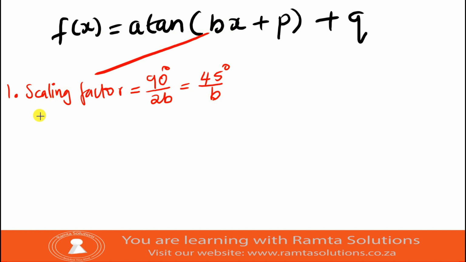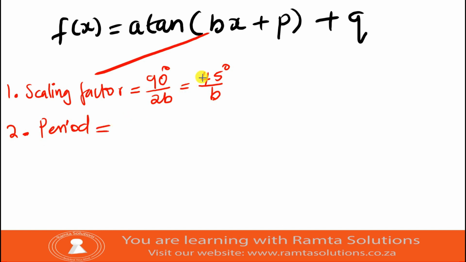Because if you are given tan 2x and your scale is 90, 90, 90, you won't really see what you're supposed to be getting. But if you use the scale, you will never go wrong. Secondly, it will give you a period.